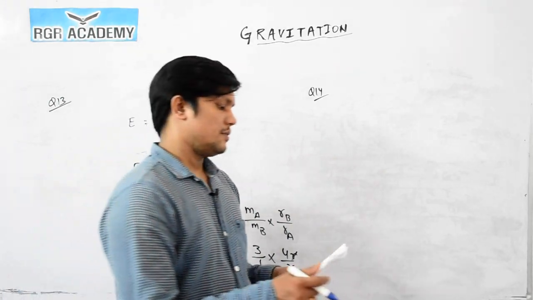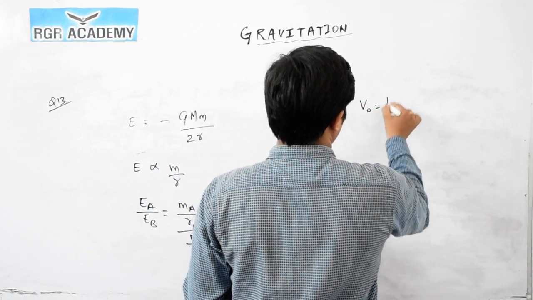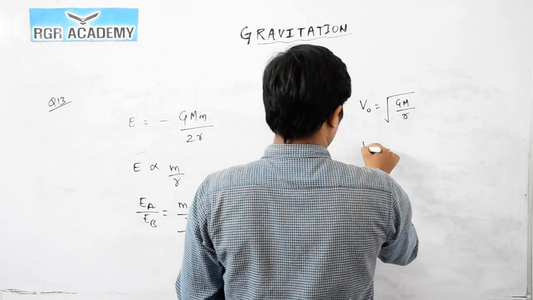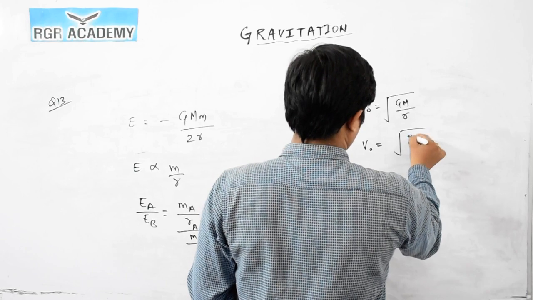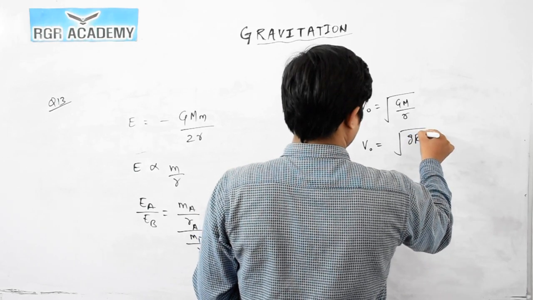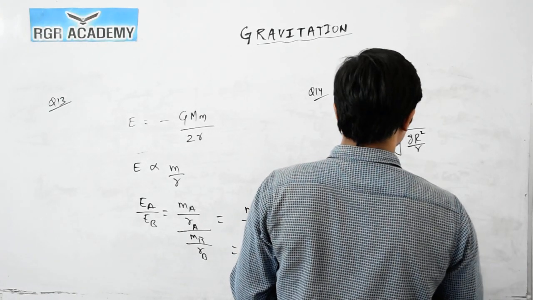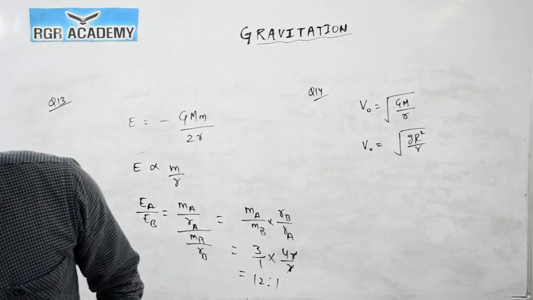We know that the orbital speed of the satellite is given by the square root of GM by r, which we can write as the root of G M by r.